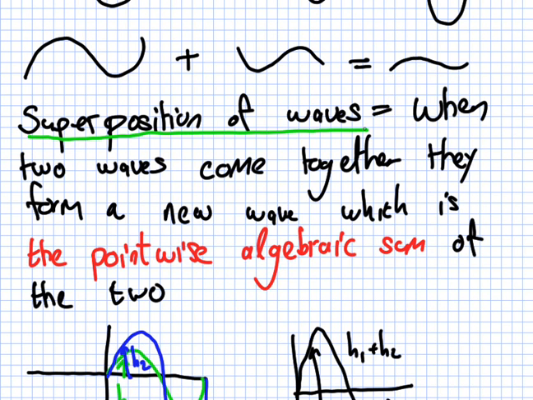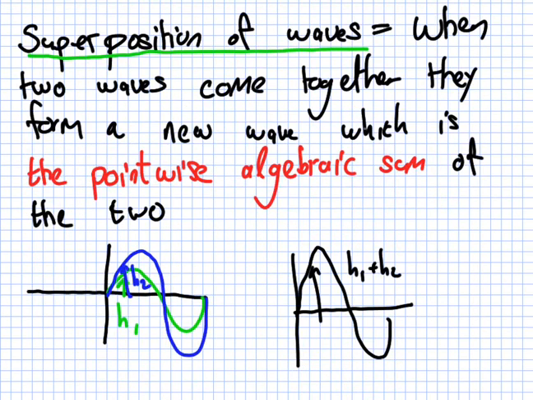So you can see that sometimes the waves add together to form a bigger wave, and sometimes the waves subtract to form a smaller wave. So these have names.